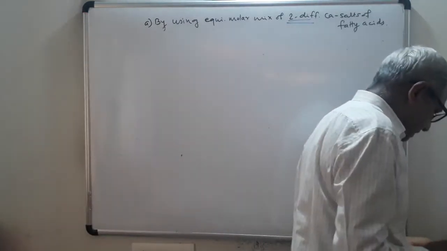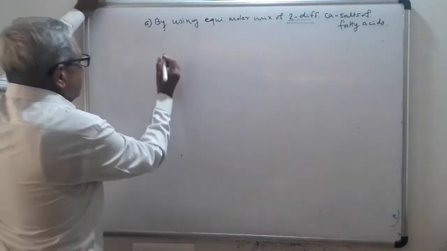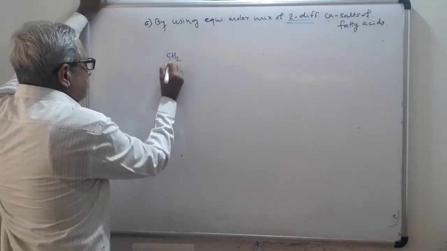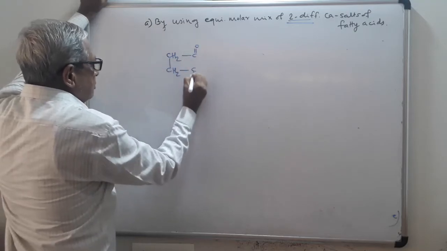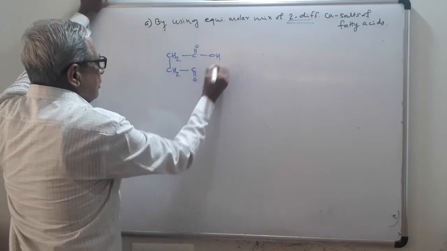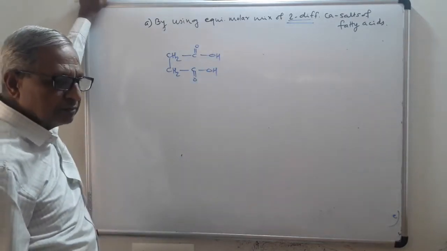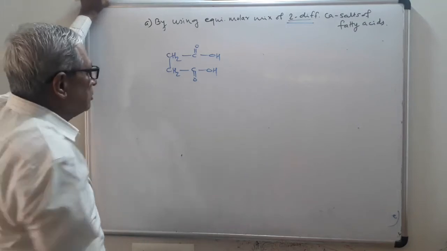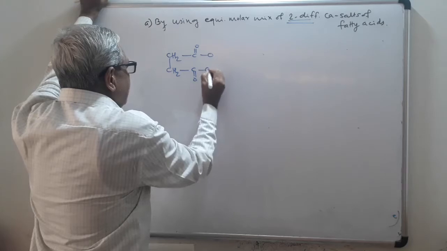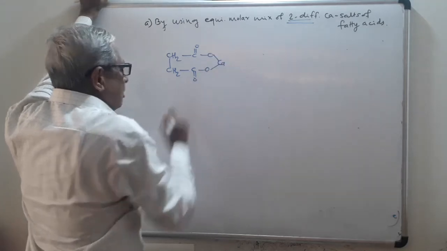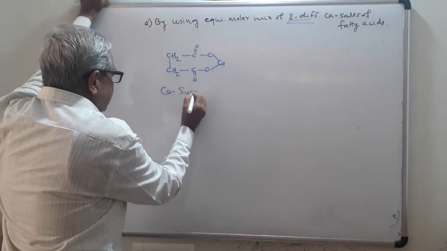See the example here. CH2 C double bond O C double bond O OH. This is your succinic acid containing two COOH groups. When you will do the reaction with CaOH twice, you will get here calcium salt of succinic acid, or it is also called as calcium succinate.